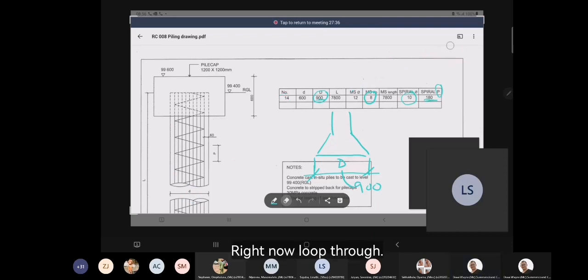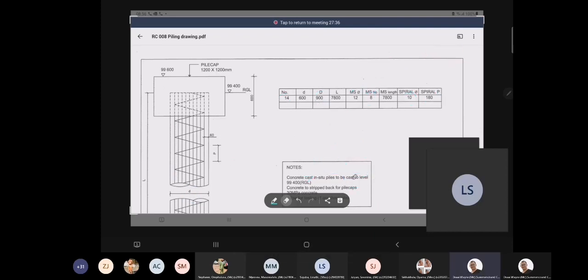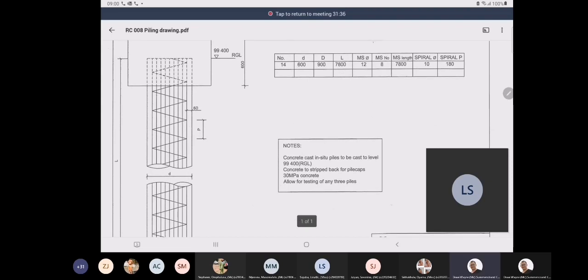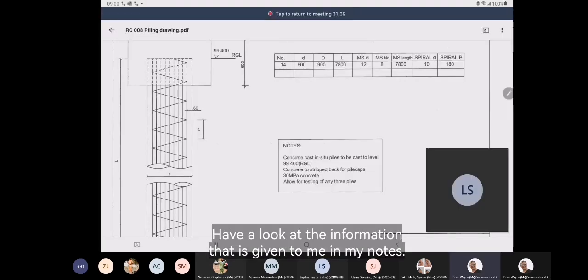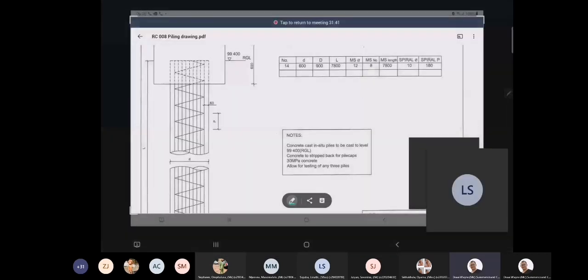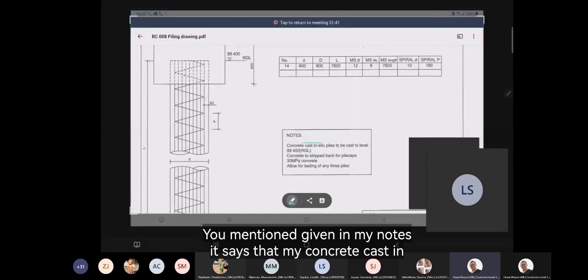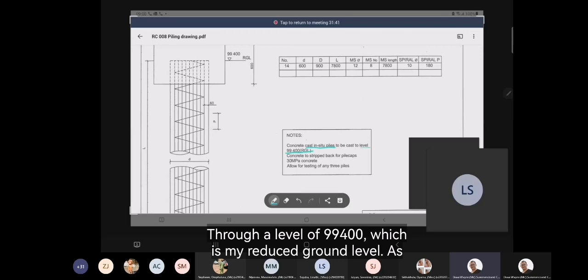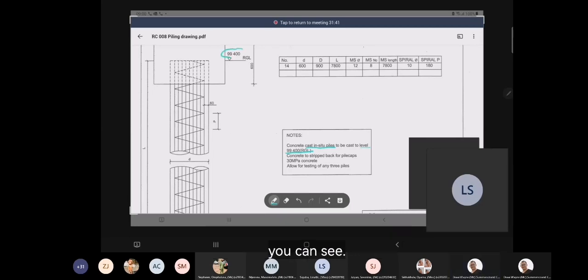We now look through and have a look at the information that is given to me in my notes. It says that my concrete cast in situ piles are to be cast to a level of 99,400, which is my reduced ground level, as you can see there.